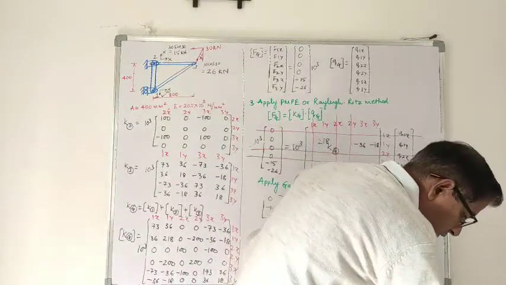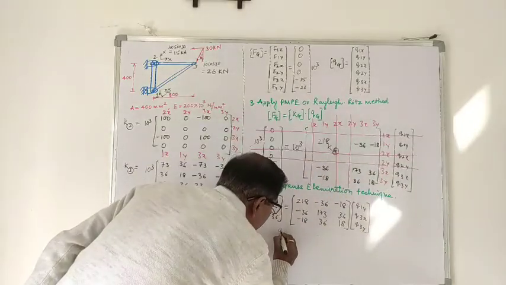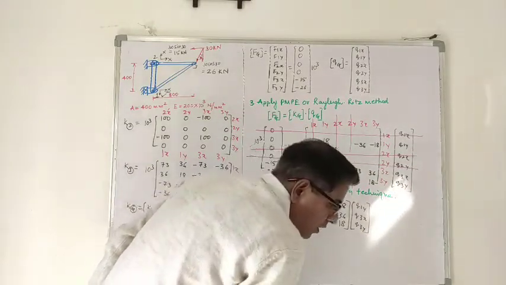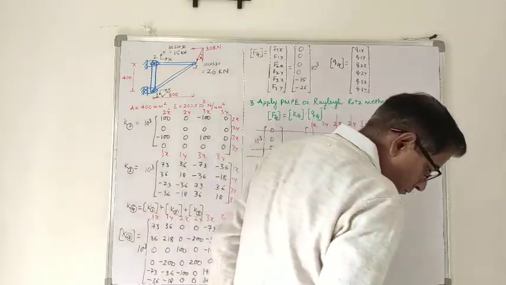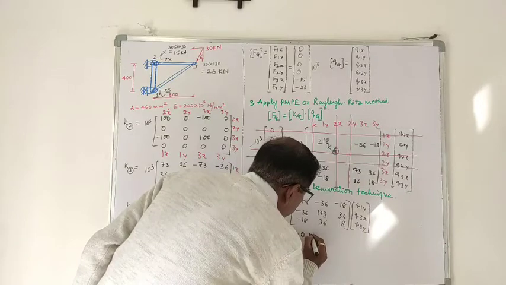So if you solve, then the value of q1y comes out to be minus 0.13 mm.